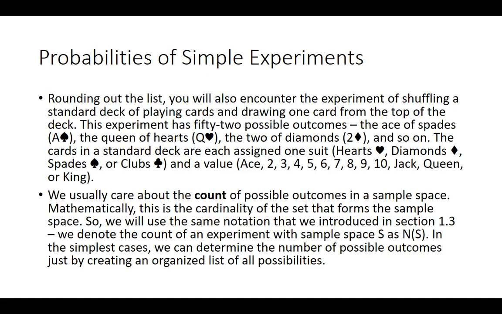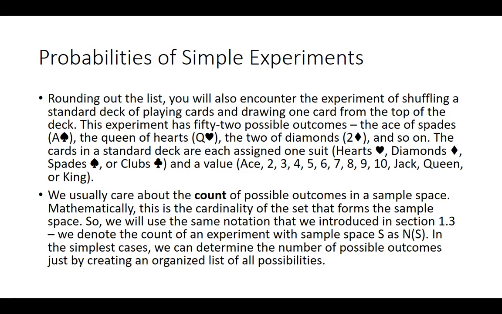This experiment has 52 possible outcomes: the ace of spades, the queen of hearts, the two of diamonds, and so on. The cards in a standard deck are each assigned one suit: hearts, diamonds, spades, or clubs, and a value: ace, 2, 3, 4, 5, 6, 7, 8, 9, 10, jack, queen, or king.